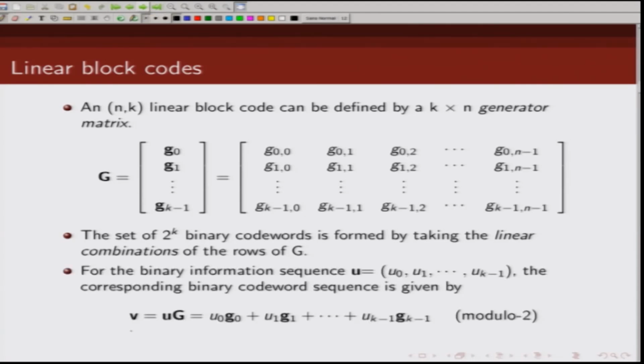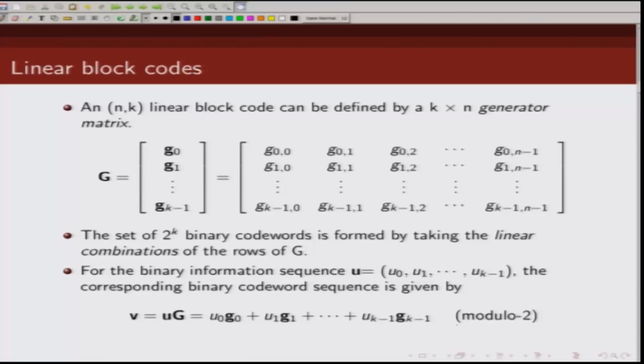So, we can write our coded sequence as u times G, which is basically a linear combination of rows of the generator matrix. These are k linearly independent rows, and the rank of this generator matrix is k. Since we are talking about a binary linear block code, we will be doing this addition modulo 2.